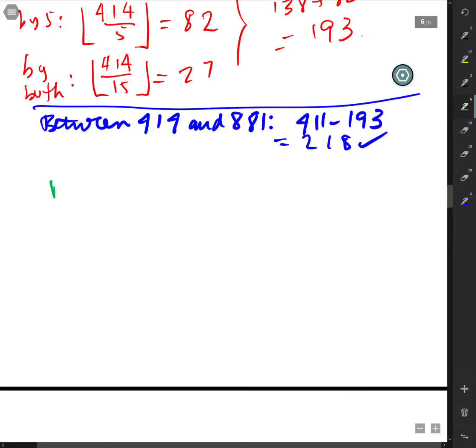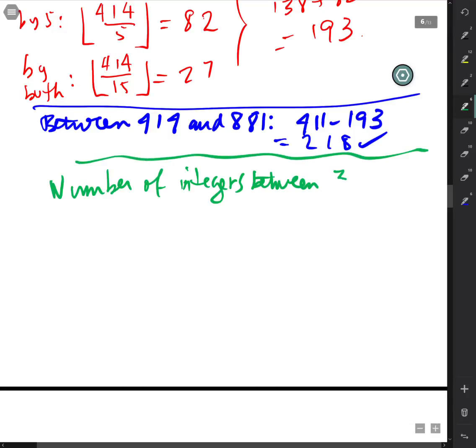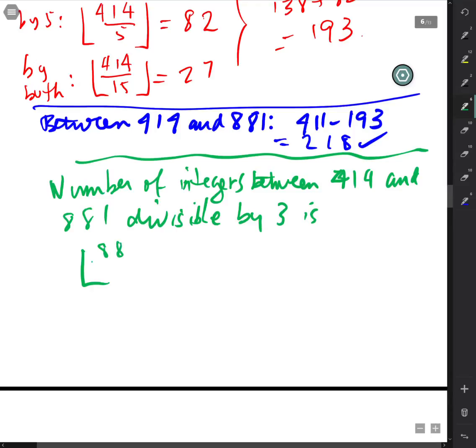The number of integers between 414 and 881 divisible by some number, let's say 3, is the floor function of 881 divided by 3, that counts all of them from 1 up to 881 divisible by 3, minus the floor function of 414 divided by 3.